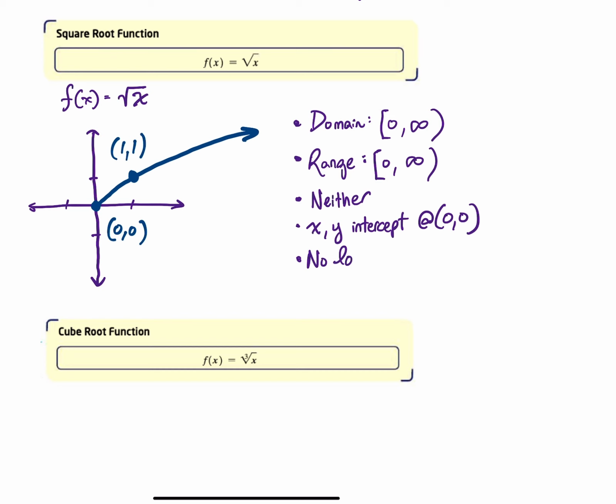So no local min or max, and we do have an absolute min of 0 when x equals 0. So that's our starting point, and then it gets larger from there.